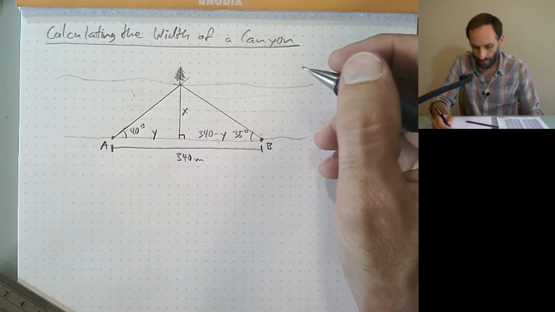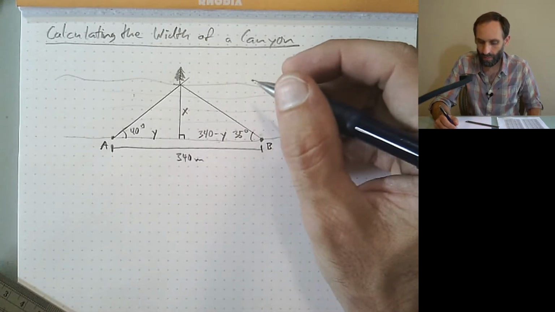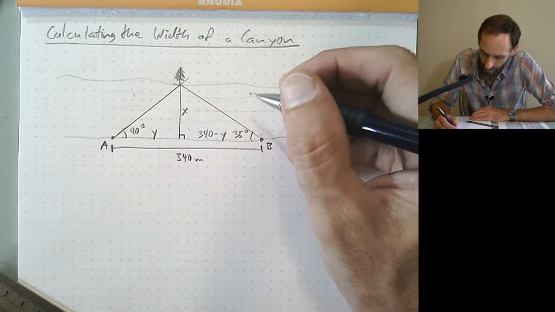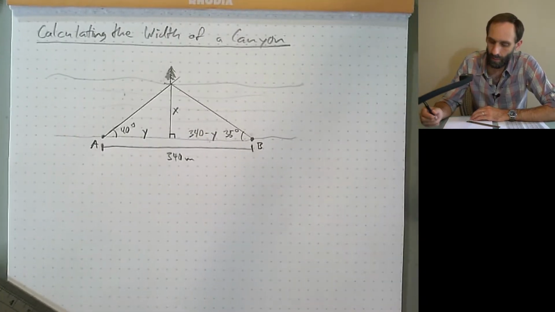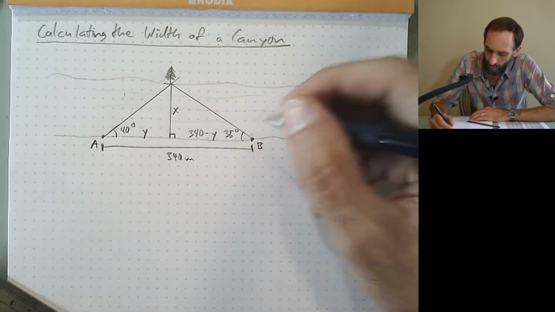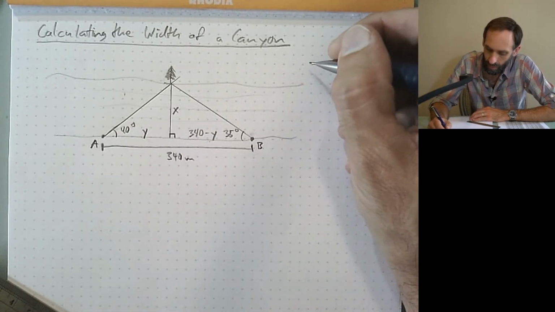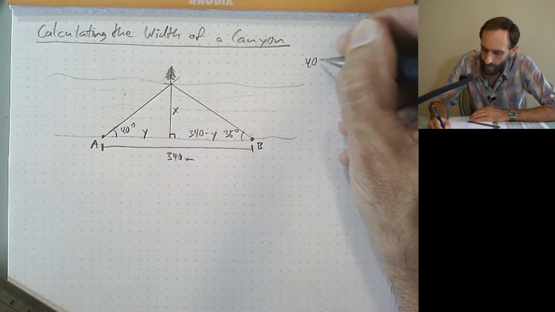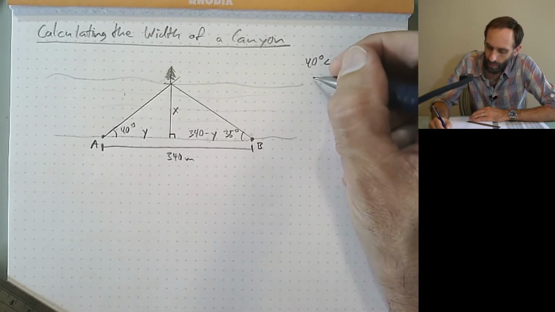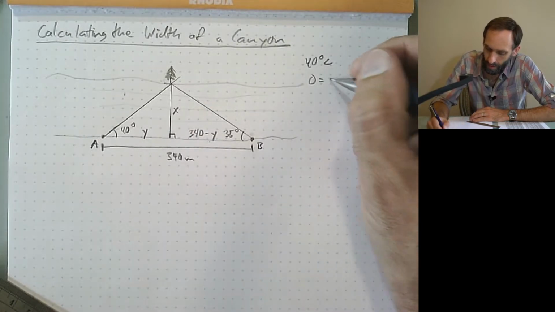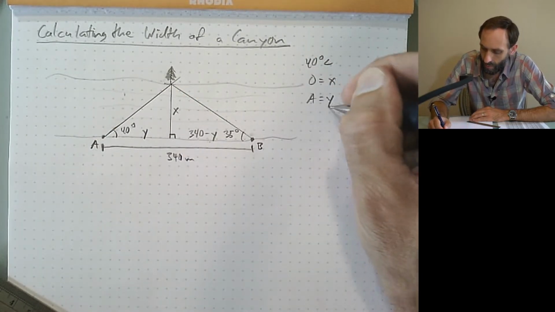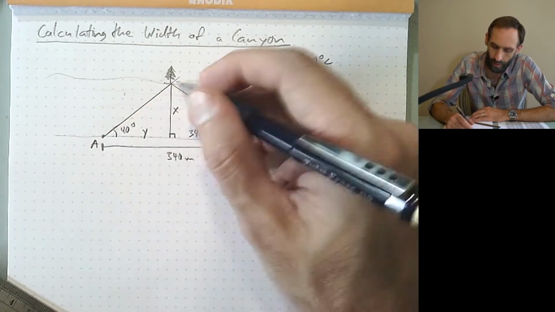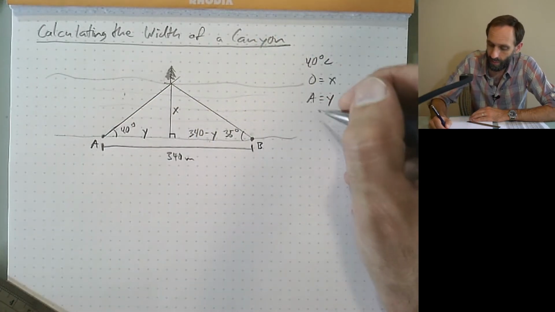Okay, now we want to figure out how to relate these variables in a way that's going to help us solve the problem. So from the perspective of the 35 or 40, let's start with the 40-degree angle. We have the opposite is x, and the adjacent is y, and then the hypotenuse is something we don't really care about.